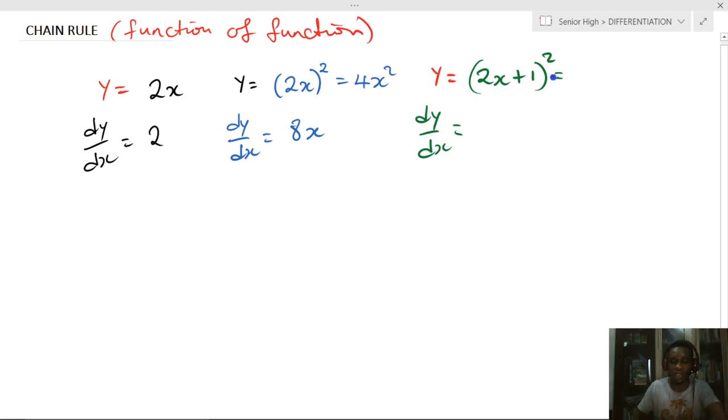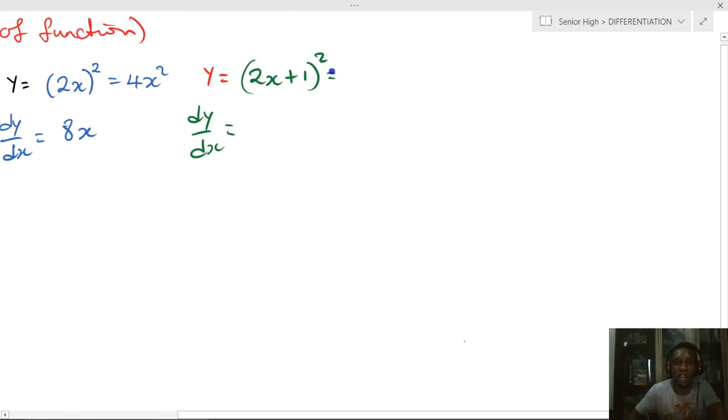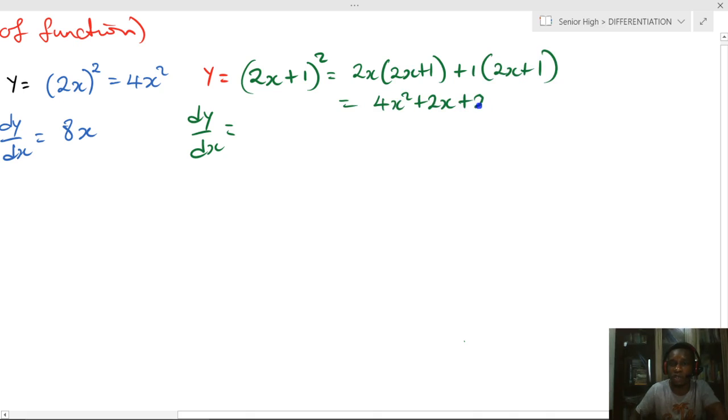If we open this bracket, we'll be having 2x opening 2x plus 1, and also plus 1 opening 2x plus 1. So what do we have? We have 4x squared plus 2x plus 2x plus 1, and that is actually 4x squared plus 4x plus 1, right? Now this is what we will have.